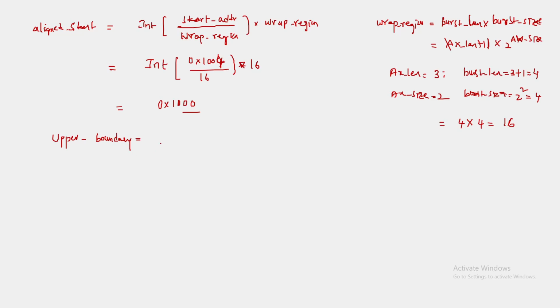Okay, so what is the formula we have? Aligned start, this is the aligned start, 1000, plus the start address.